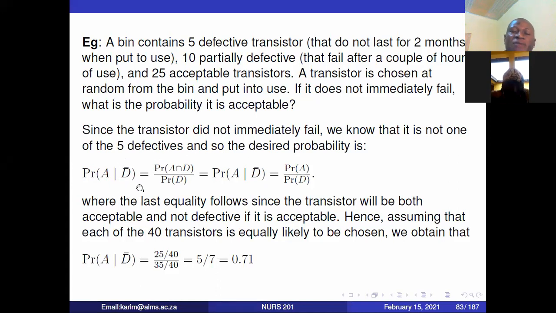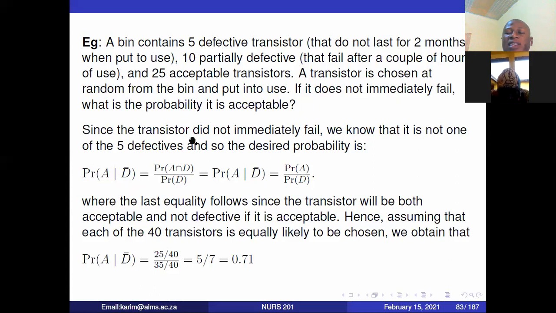In other words, if we use D, we say that D is the event that the transistor is not acceptable. So if it is acceptable, A. If it is not acceptable, we put D.